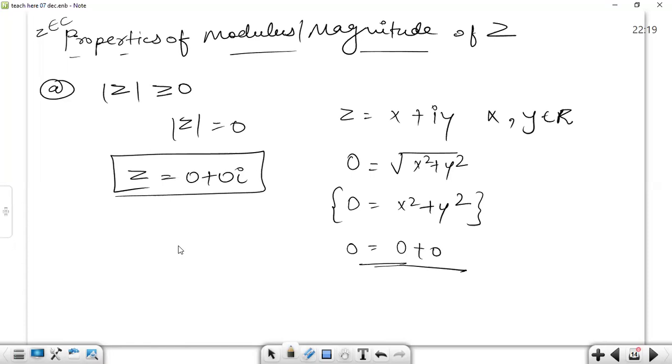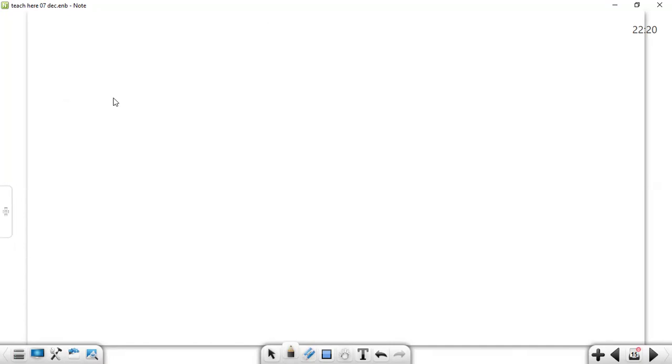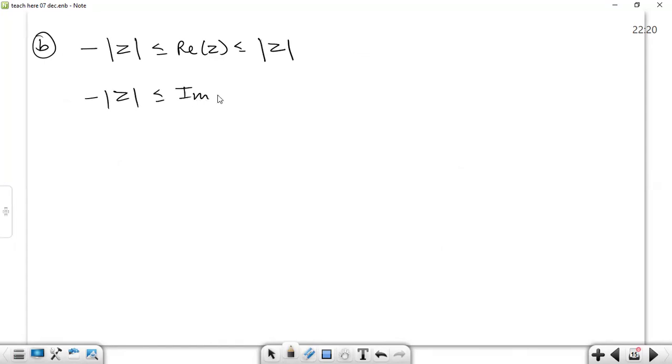So now it's very much clear to us. Now let's discuss the real part of a complex number and the imaginary part of a complex number.